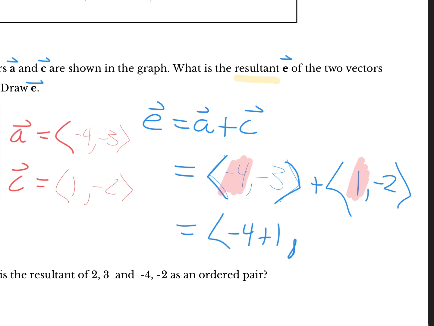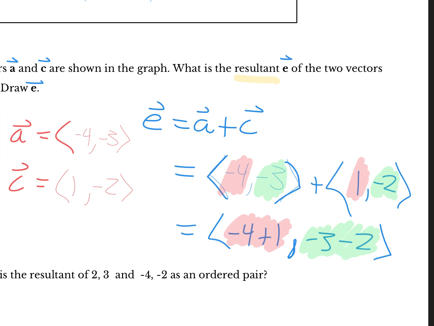And then I'm going to take -3 and -2 and add those together. So -3, you could either do plus -2 or just -2. And that'll be my new y value. So I'm just taking the x values, adding them together for my new x value, and then taking the y values and adding them together for my new y value.